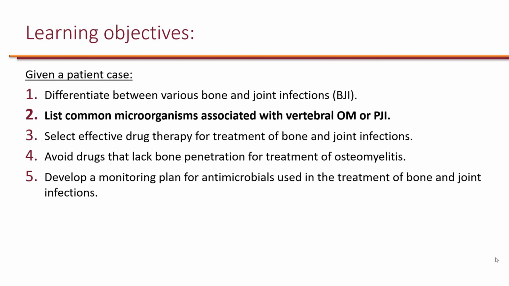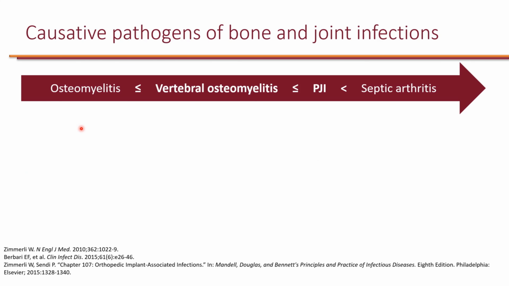We differentiated between various bone and joint infections. Now let's list common microorganisms associated with vertebral osteomyelitis or prosthetic joint infection. Osteomyelitis is the infection of any bone in the body. Vertebral osteomyelitis is in general more severe compared to other types of osteomyelitis, specifically because it can involve the spinal cord.